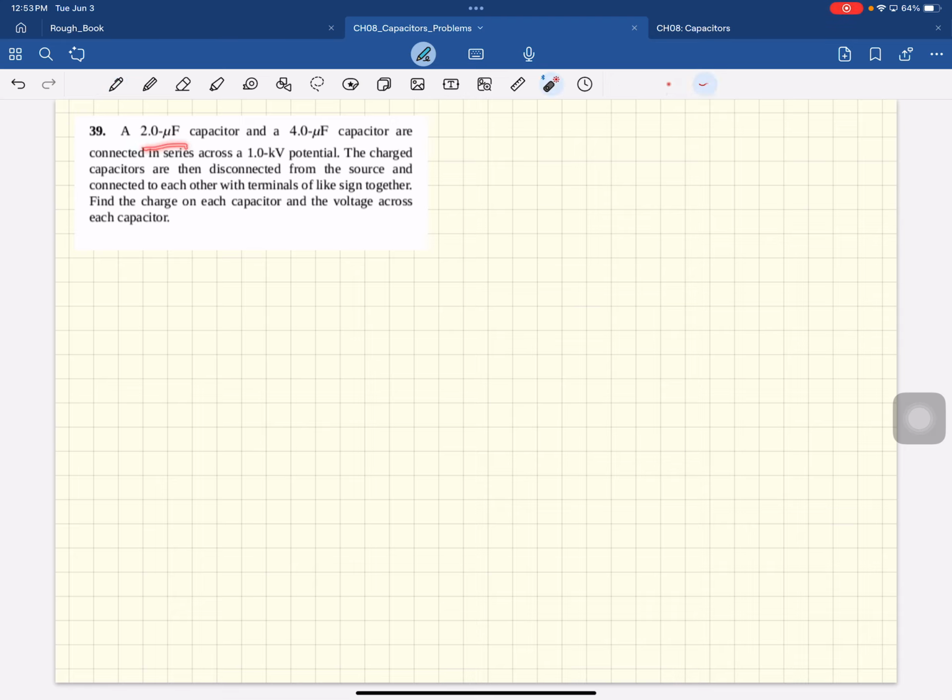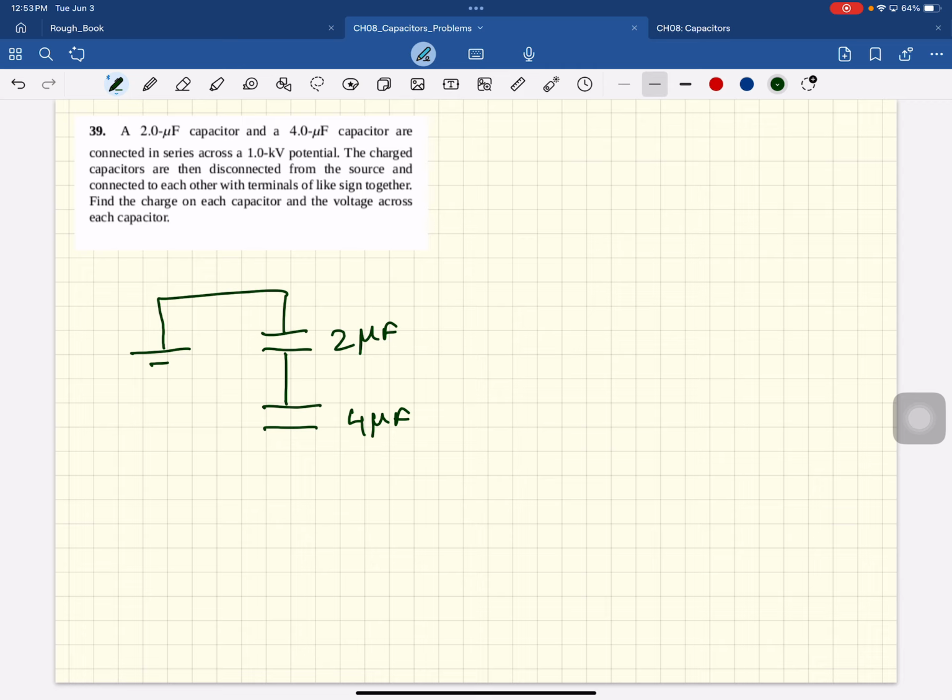A 2 microfarad capacitor and a 4 microfarad capacitor are connected in series across a 1 kilovolt potential. So when you connect them in series, the charged capacitors are then disconnected from the source and connected to each other.